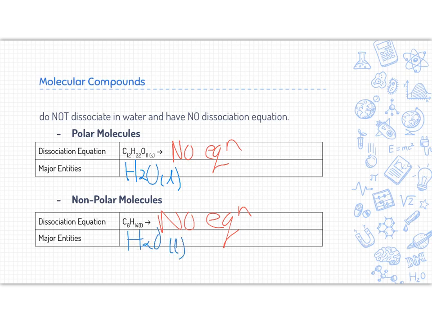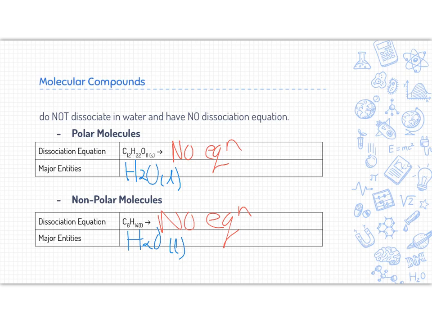If the molecule is polar, remember, like dissolves like. Polar solvents dissolve polar substances, and non-polar solvents dissolve non-polar substances. So because water is polar, it will only dissolve polar molecules. In that case, our molecule here, sucrose, will dissolve in water.